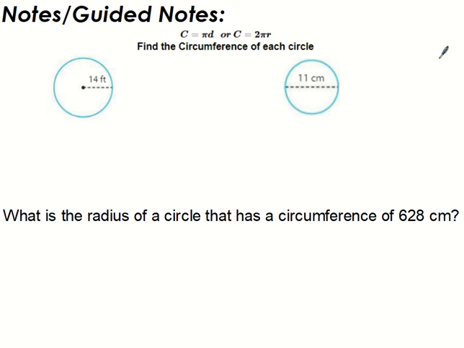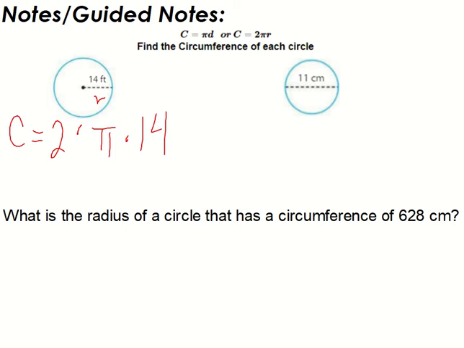So let's find the circumference of the first one. This is the radius, because it's halfway from the center to the outside. So we're going to use that second formula. Circumference equals 2 times pi times 14.